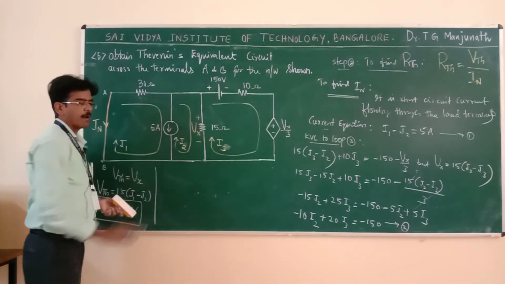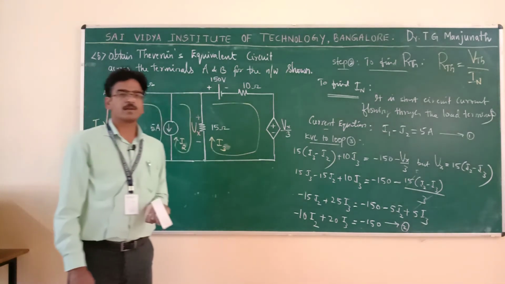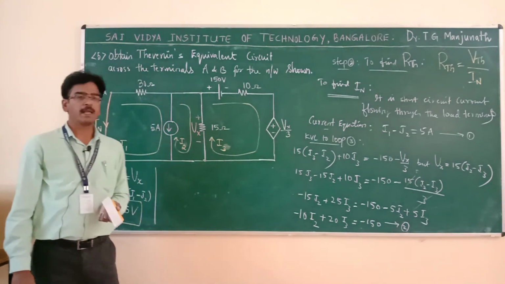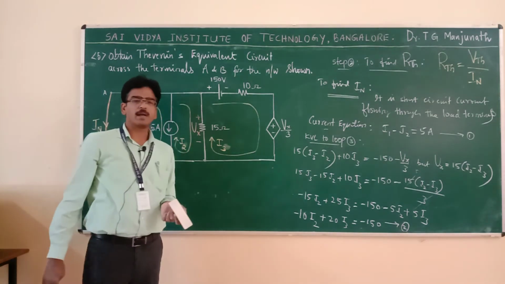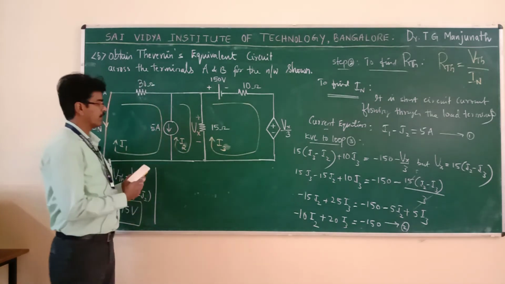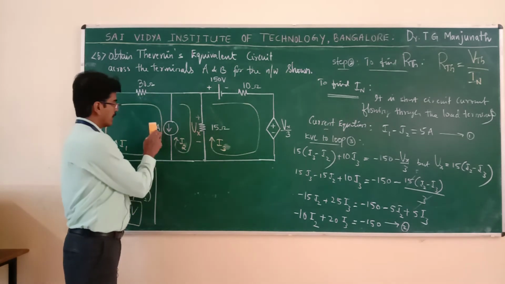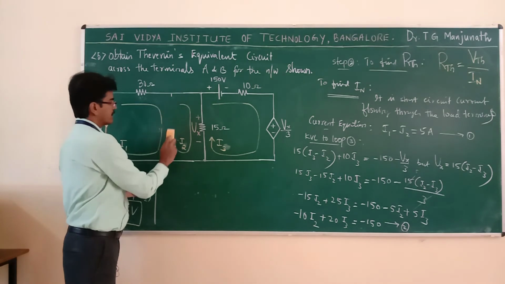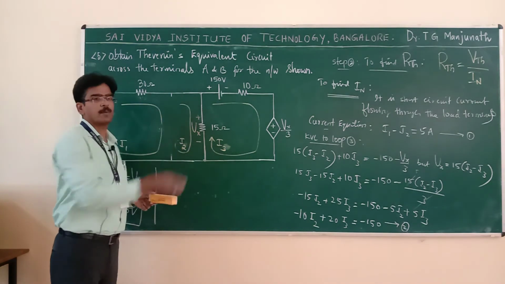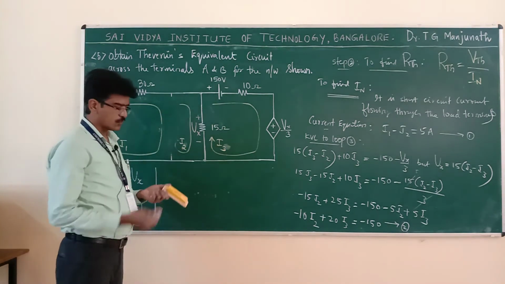Now, how to avoid a current source? An ideal current source is avoided by creating an open circuit, because current is 0 under open circuit condition. For the time being, assume that this is not there. If you assume that this is not there, you are going to get one loop. That loop is called a super mesh.